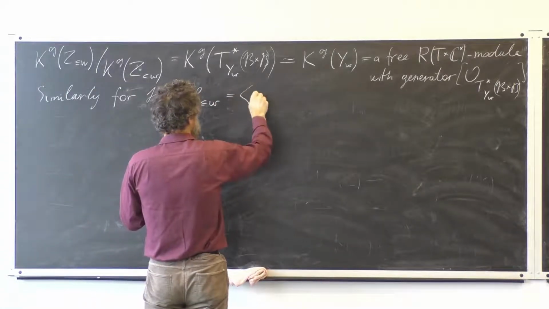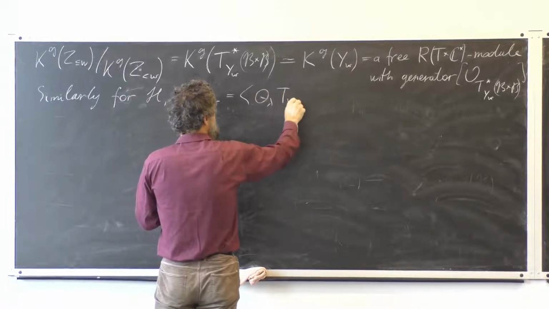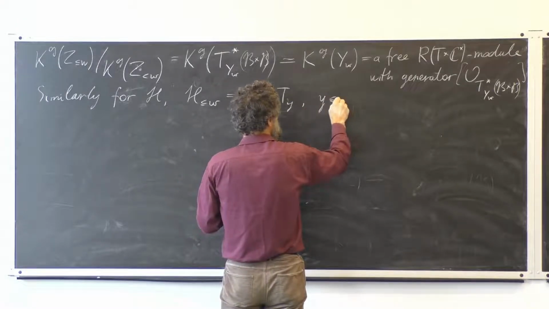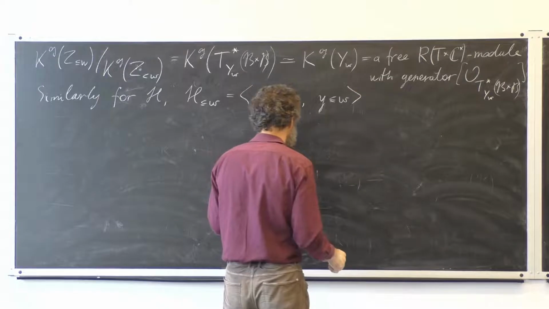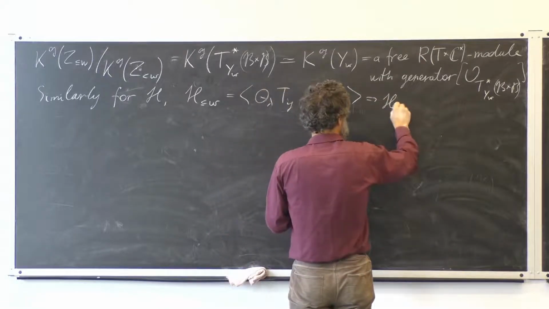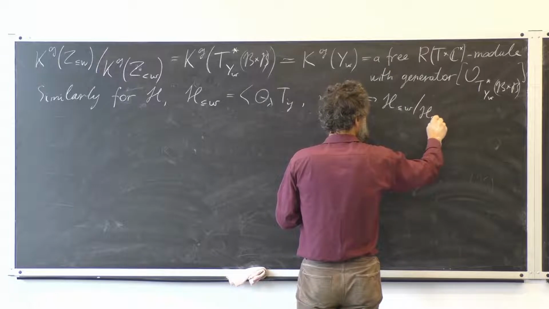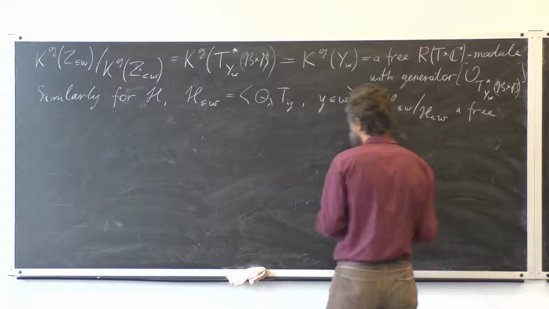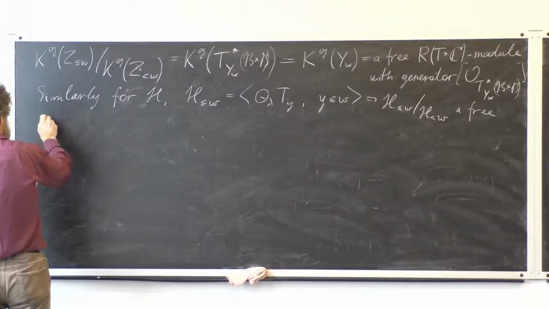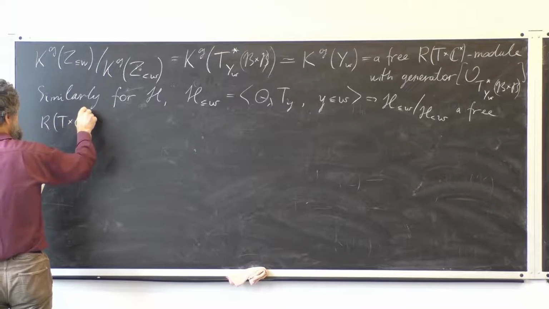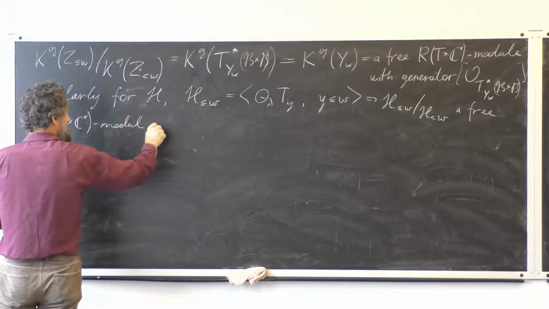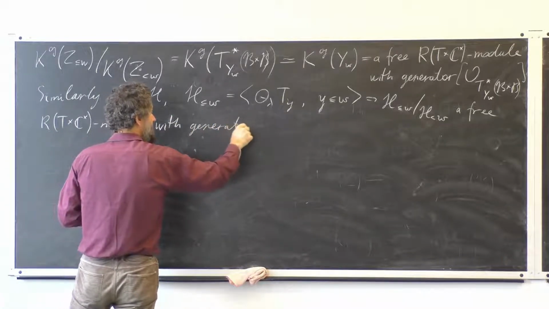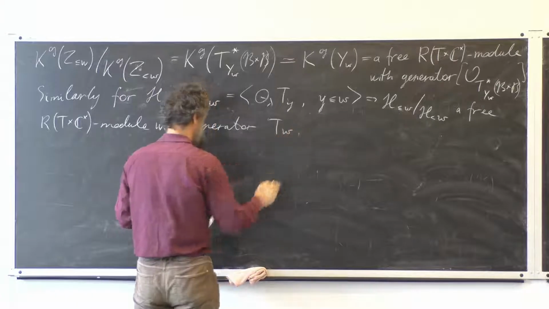So it is spanned by the product theta lambda times T_y, where y is smaller than w, and hence the associated graded is again a free module that T_w would generate. Okay?